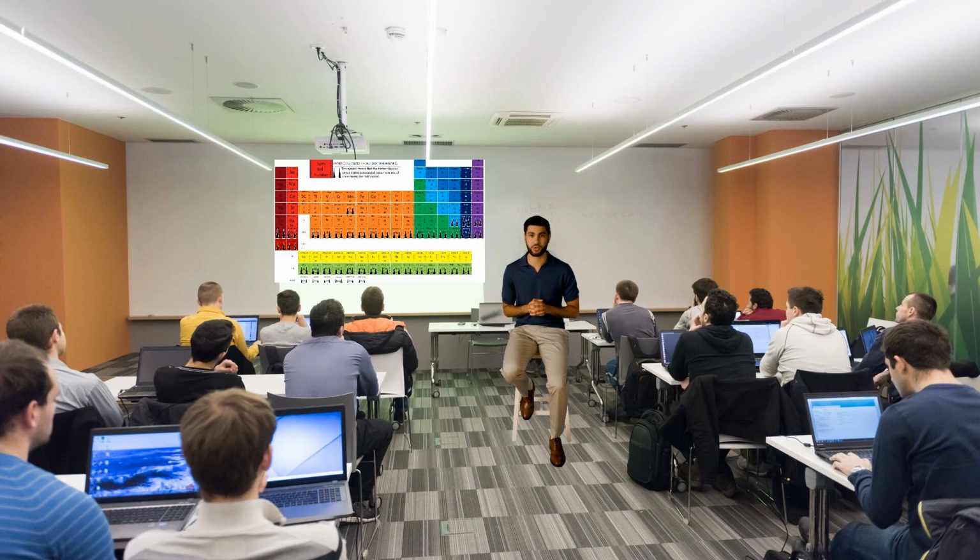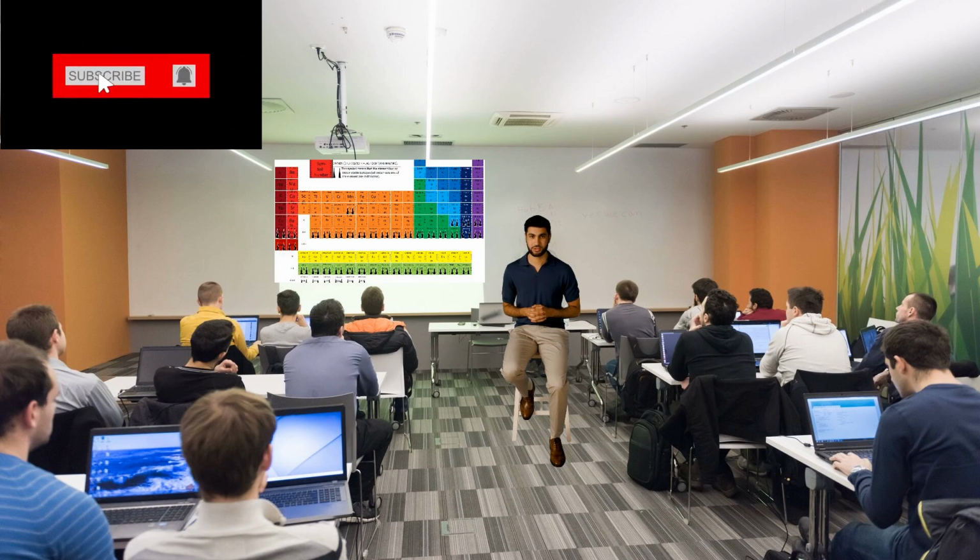The periodic table is divided into blocks based on the electron configurations of the elements. The S block includes groups 1 and 2 and helium. The P block includes groups 13 to 18. The D block contains the transition metals, which are found in the center of the table from groups 3 to 12.